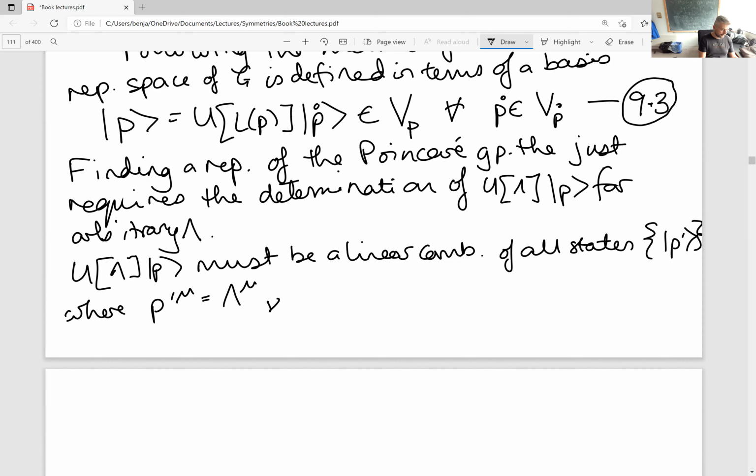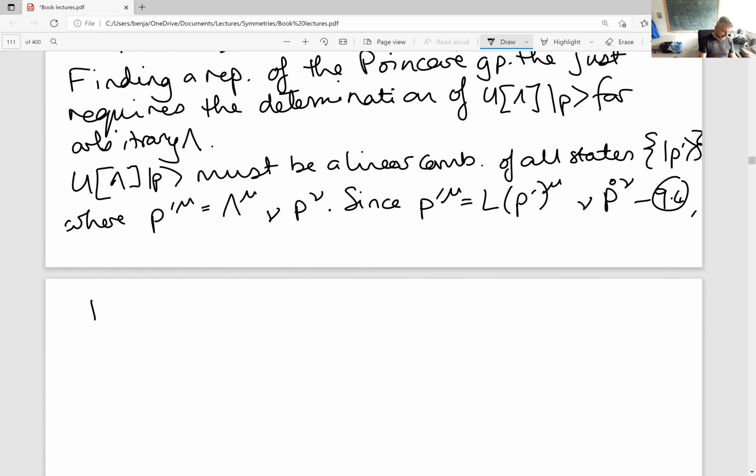Let's call that lambda. So since P prime mu is Lorentz of P, this L of P prime times P dot nu, I should put the indices in, we've got mu and a nu there and a nu there. So this one's going to be 9.4.